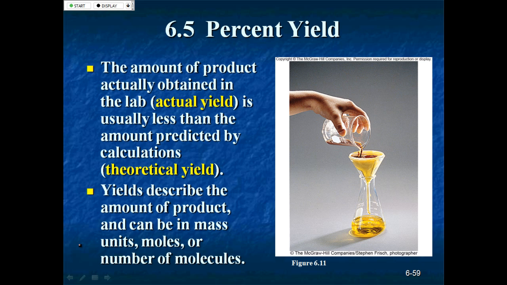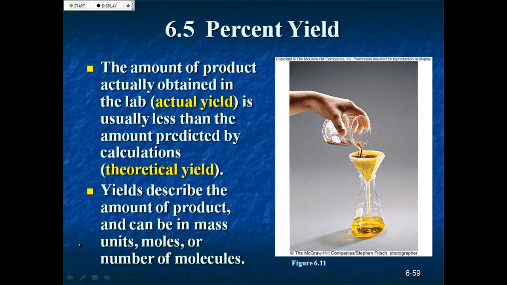We are not going into the details of why all of them would not react, but if you do the actual experiment in lab, you do not get the 12.43 grams you just calculated. You might usually get an amount which is slightly lesser than that. And the amount you actually obtain in lab is called actual yield.